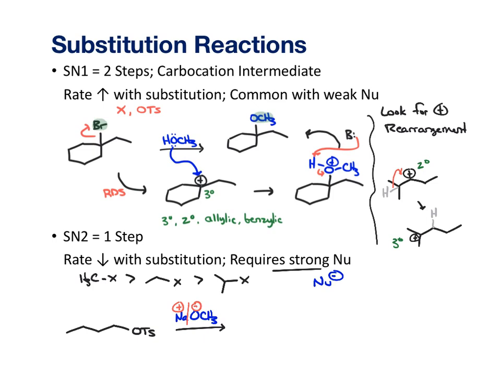So now this can directly attack that carbon. You lose your leaving group. Here's our new bond to the OCH3. And then we lost OTS minus. I'll just throw the sodium over here to kind of pair up with it. In SN2, there's no carbocation, so you do not have to worry about rearrangement.